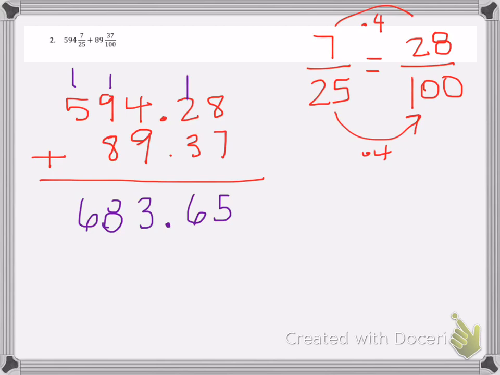So the key to adding or subtracting decimals is to line up your place values. If you don't line up your place values, you're going to mess the answer up a lot. Because if you think about it, if this is our decimal place, that's the tenths, so a 7 in that spot means 7 tenths.